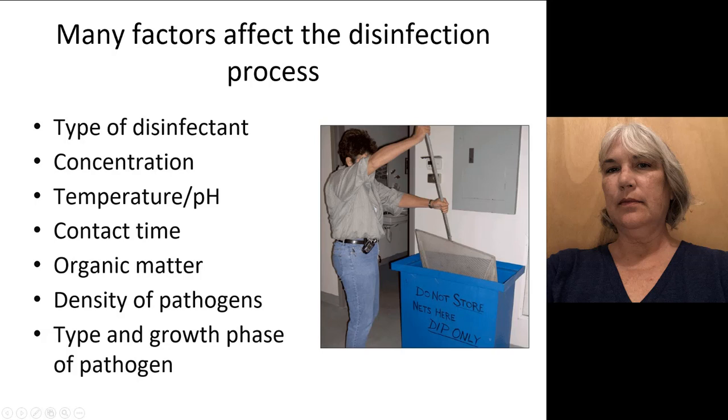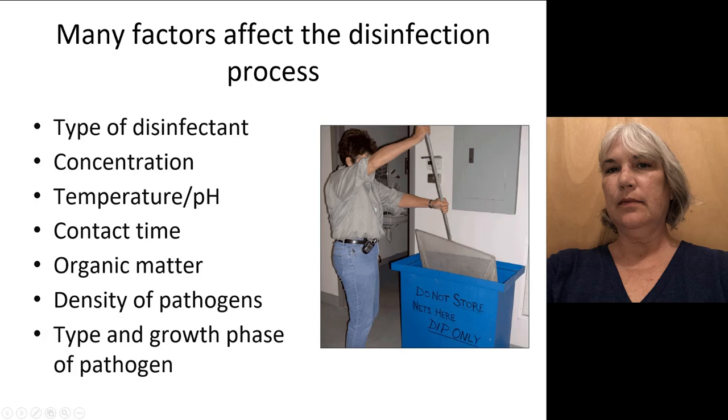Concentration of the disinfectant is very important. Some disinfectants have a specific temperature or pH that is most efficient. How long the contact time is for the net to the pathogen. If you haven't changed your dipping bucket or trash can, there could be organic matter that builds up, and that will interfere with how effective that disinfectant is.